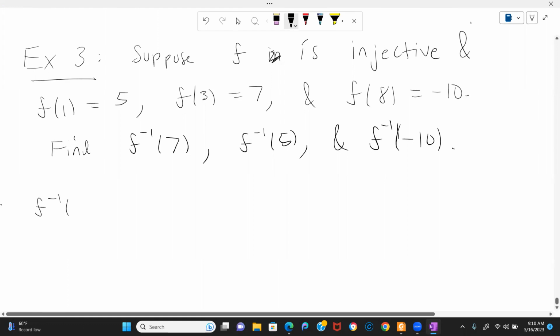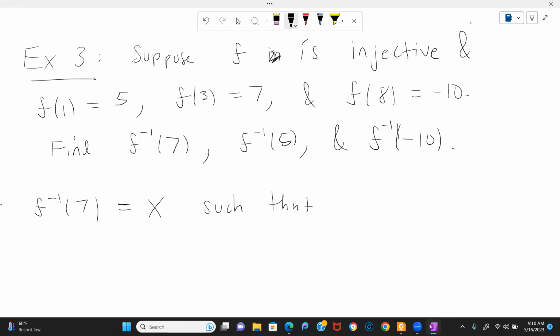So let's look at f inverse of 7. Well, I don't know what it is. Whatever it is, I'm going to call it x, and it has to be such that f of x is equal to 7. So we need to find a number x such that f sends that x to 7. We're told that f sends 3 to 7, so x is equal to 3.